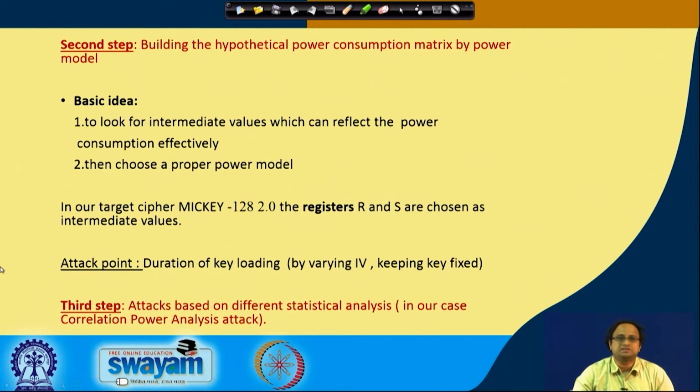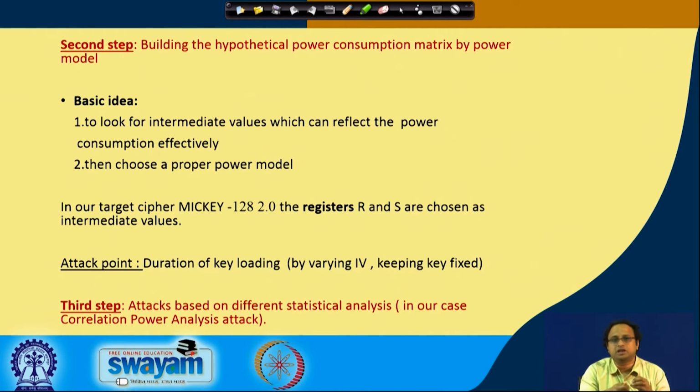That is done in the third step, where we apply correlation power analysis, and we recover the key bit by bit. That means you guess the key bit can be 1 or can be 0, and then you do a CPA attack to confirm whether your guess was correct or wrong.